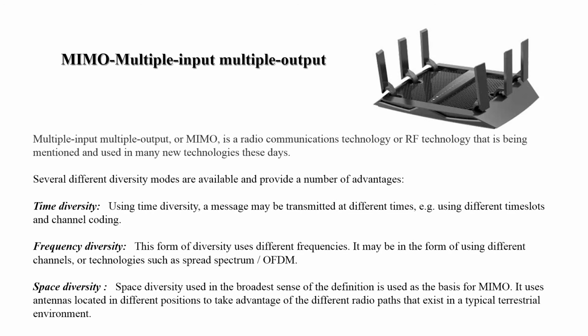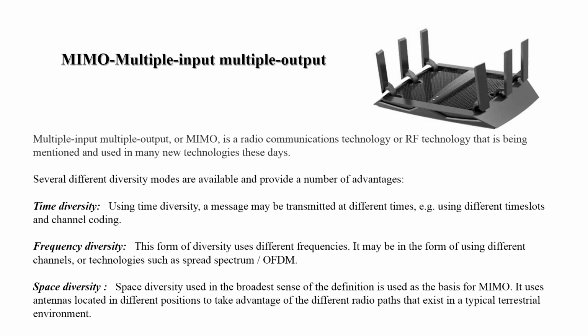If these can be made to be affected in different ways by the signal path, the probability that they will all be affected at the same time is considerably reduced. Accordingly, diversity helps to stabilize a link and improves performance, reducing error rate.